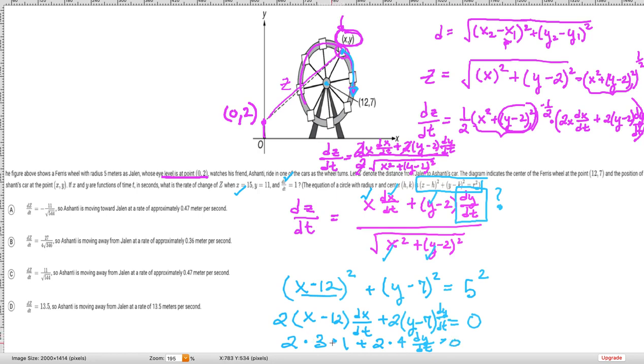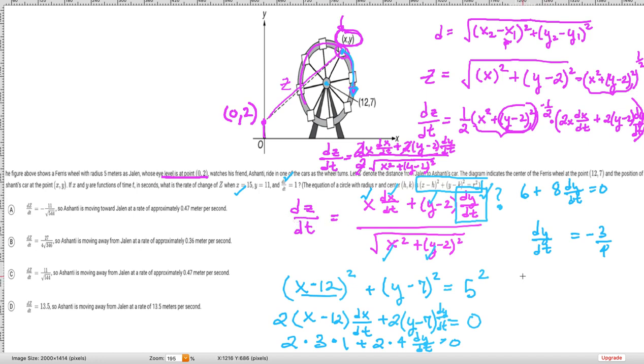And this is going to give me 6 plus 8 dy/dt equals 0. When I solve for dy/dt, take your time, it gives me negative 3/4 for dy/dt. And now if you go back to dz/dt, now I have dy/dt as well. I can plug in all the missing values and I will get dz/dt.